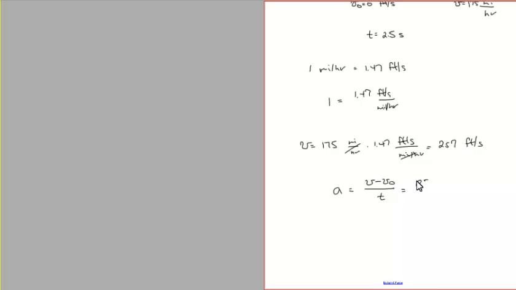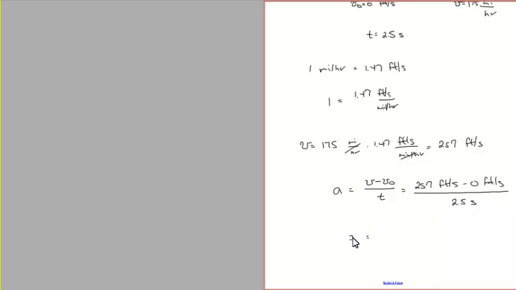So we have 257 feet per second minus the initial speed, which is 0 feet per second, and we divide by the time, which is 2.5 seconds. So when you take feet per second divided by seconds, you get feet per second squared, which is the units for acceleration. So we get 257 minus 0, which is, of course, 257, divided by 2.5.